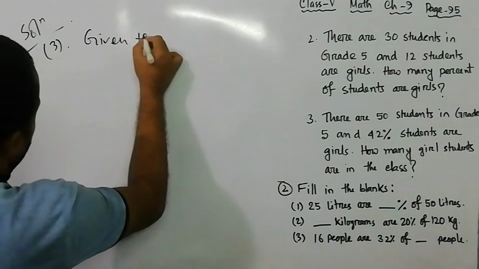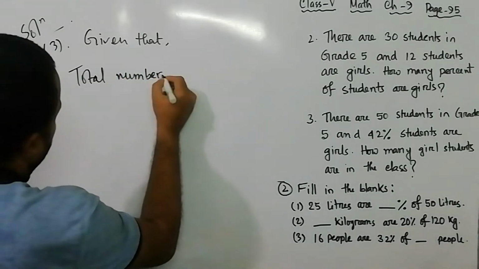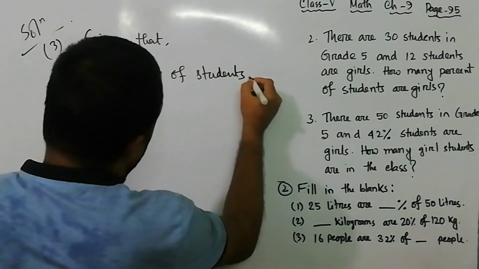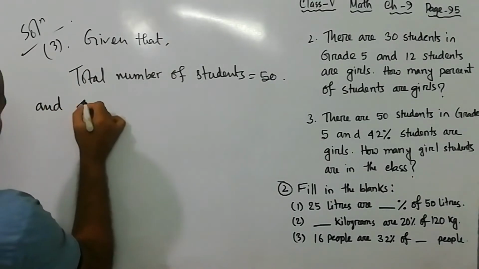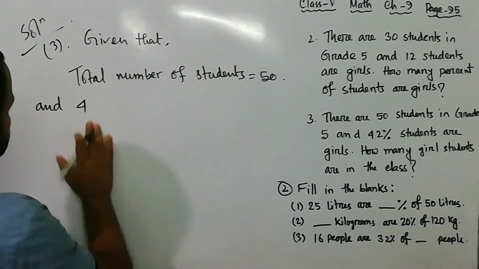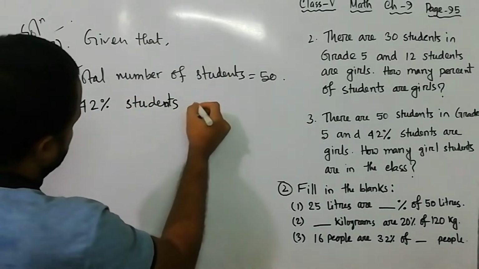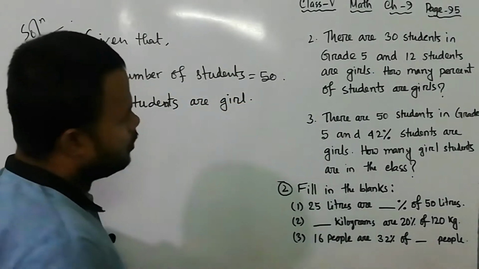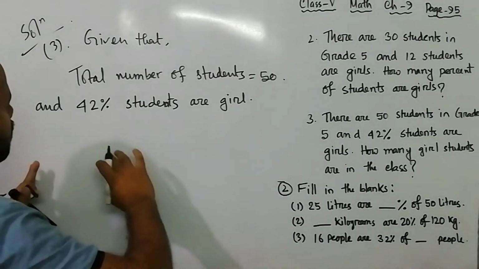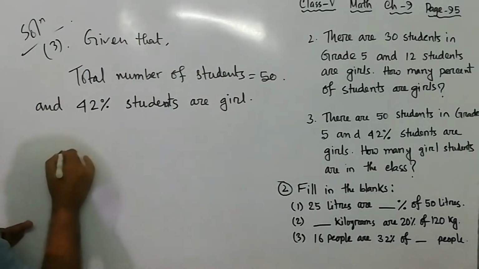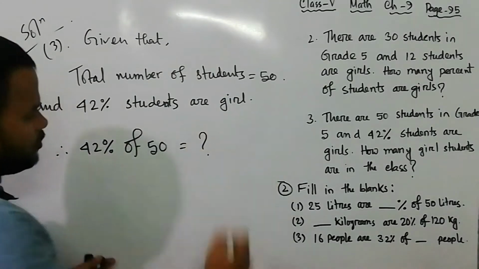Given that the total number of students equals 50 and 42% of students are girls, we have to find how many girl students are in the class. That means we have 42% of 50. That is our required result.